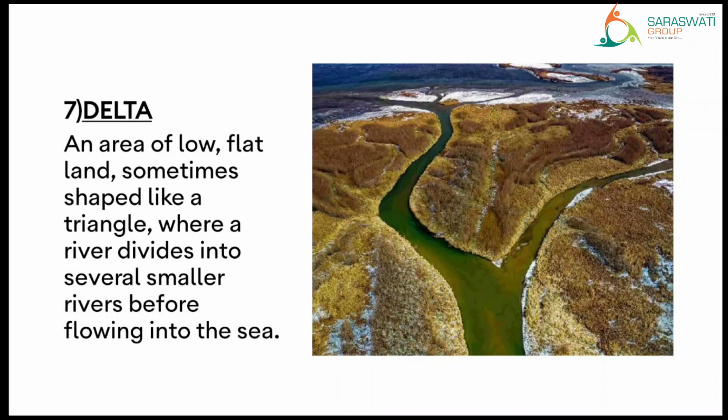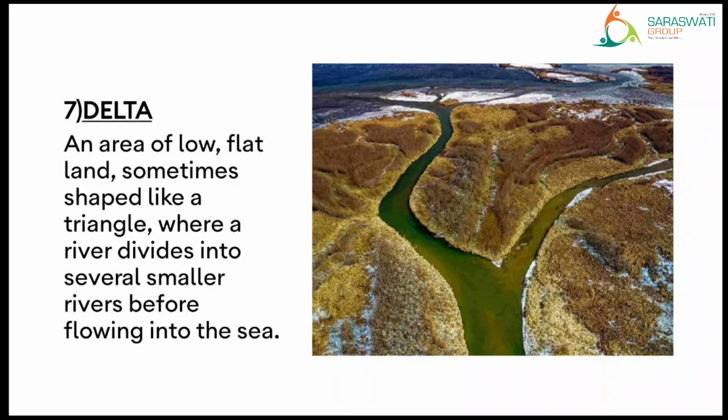And then this stream goes and joins into a sea or an ocean. And can you see? Now it looks something like a triangle. One side is blue water and the other two sides are green colored water. So these green colors are rivers, and the blue portion which you see at the top of the picture is a sea.